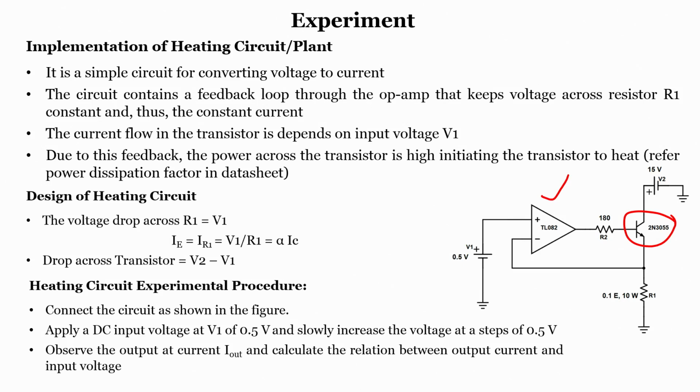Just to realize, if you recall, we are taking a transistor, and here we have a resistance, and we are saying the resistance value is 0.1 ohm and the wattage is very much important.